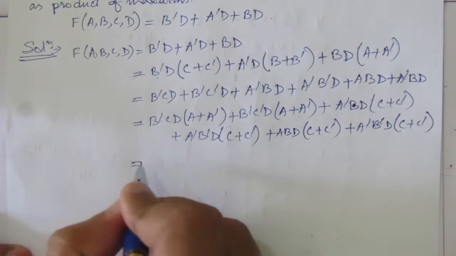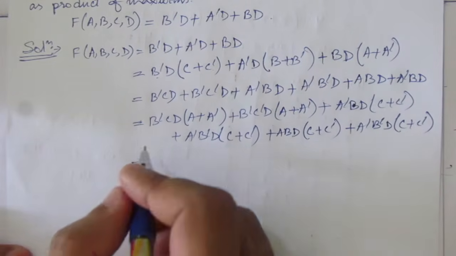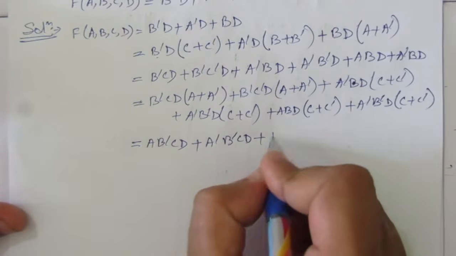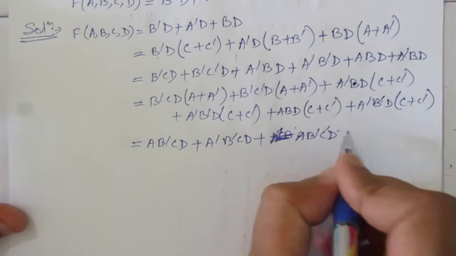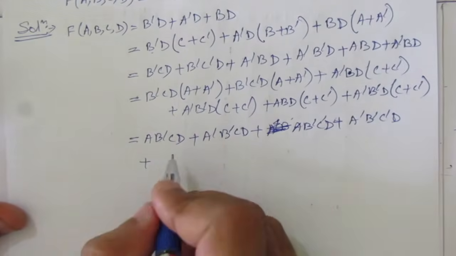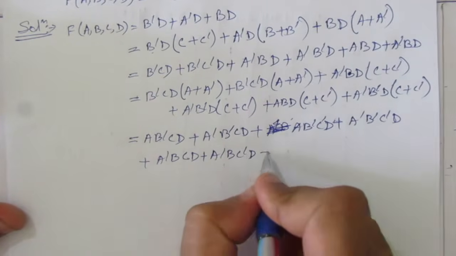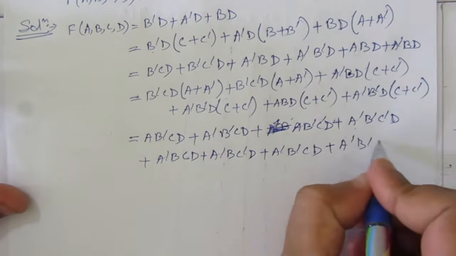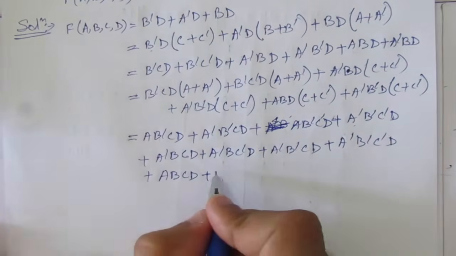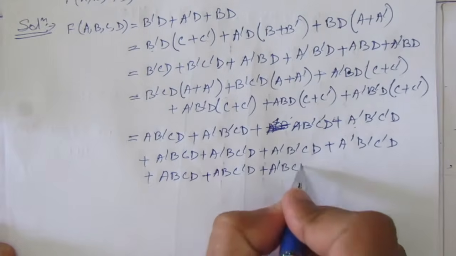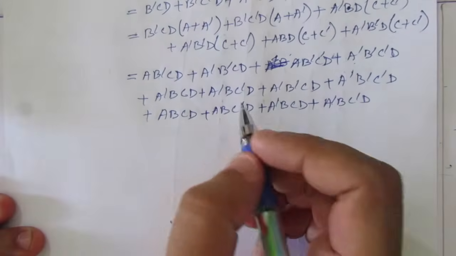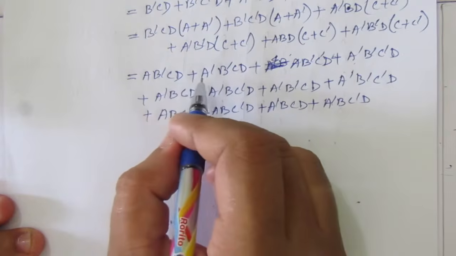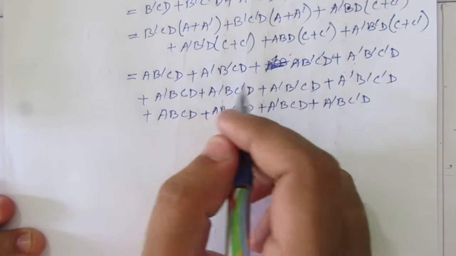Okay, so again we can expand this. Now we can see that in each of these terms, there is a, b, c and d.